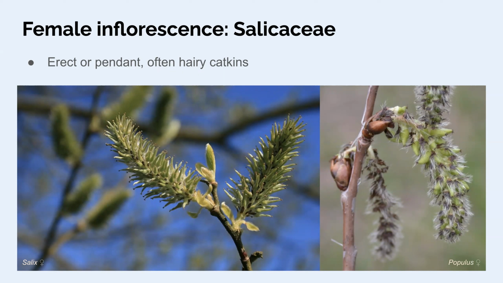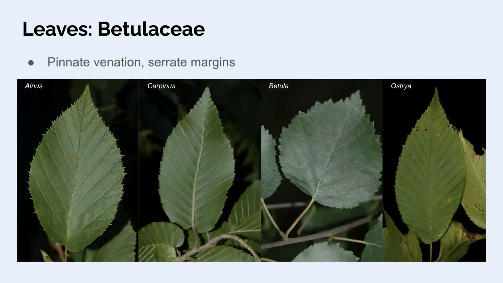Plants called pussy willows have hair around their inflorescence. This is an aspen with some hairy associations around its capsules here, and then they've got hairy bracts associated with them. And as we'll see later, the seeds inside of these capsules are also hairy. So hairs all around.